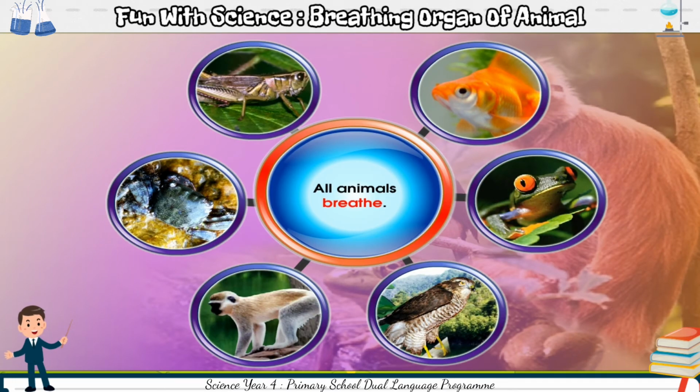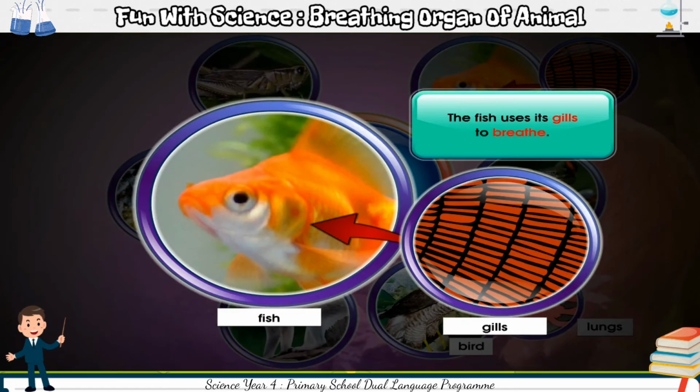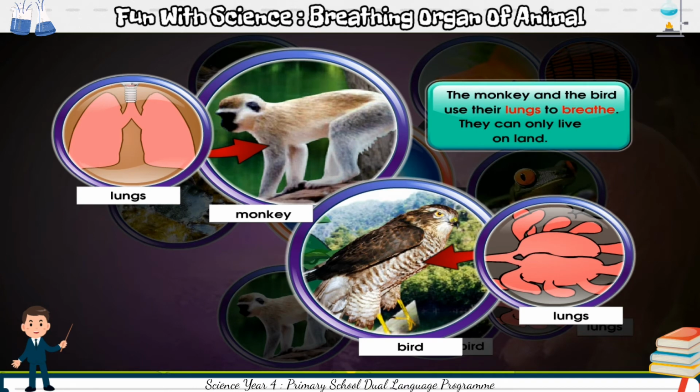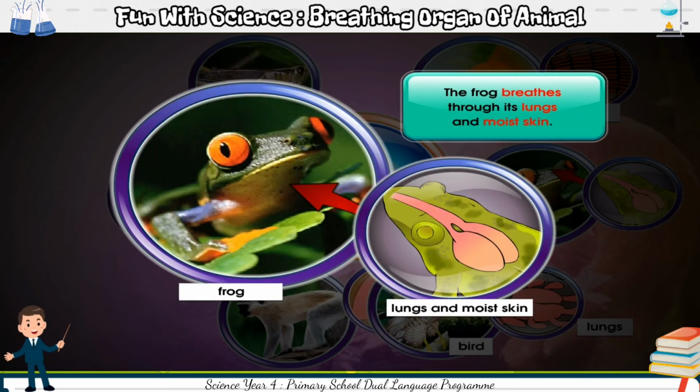All animals breathe. The fish uses its gills to breathe. The monkey and the bird use their lungs to breathe. They can only live on land. The frog breathes through its lungs and moist skin.